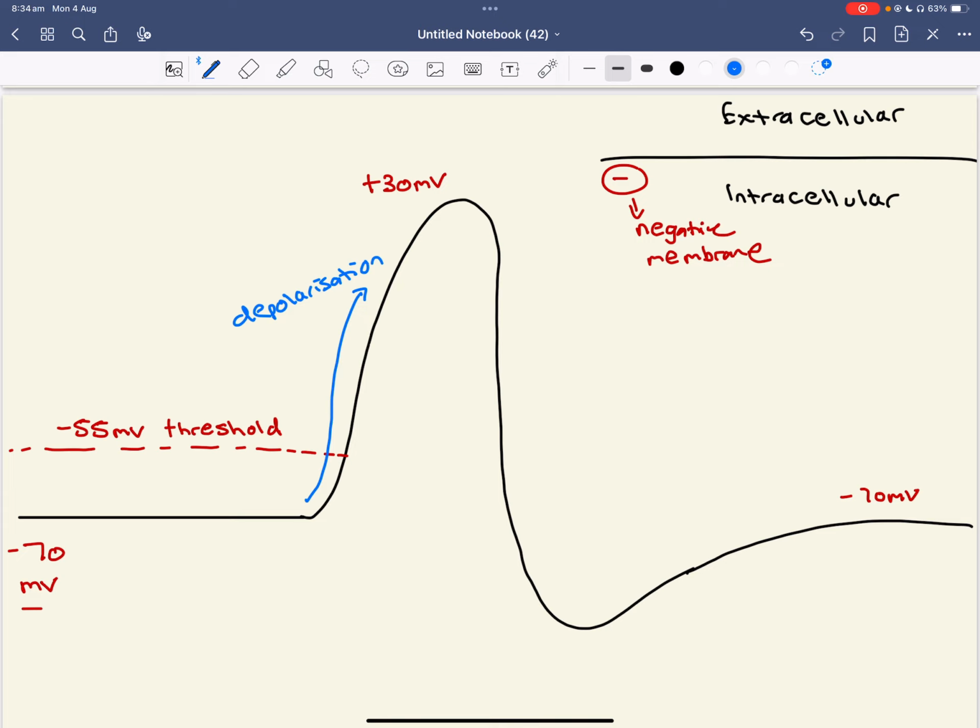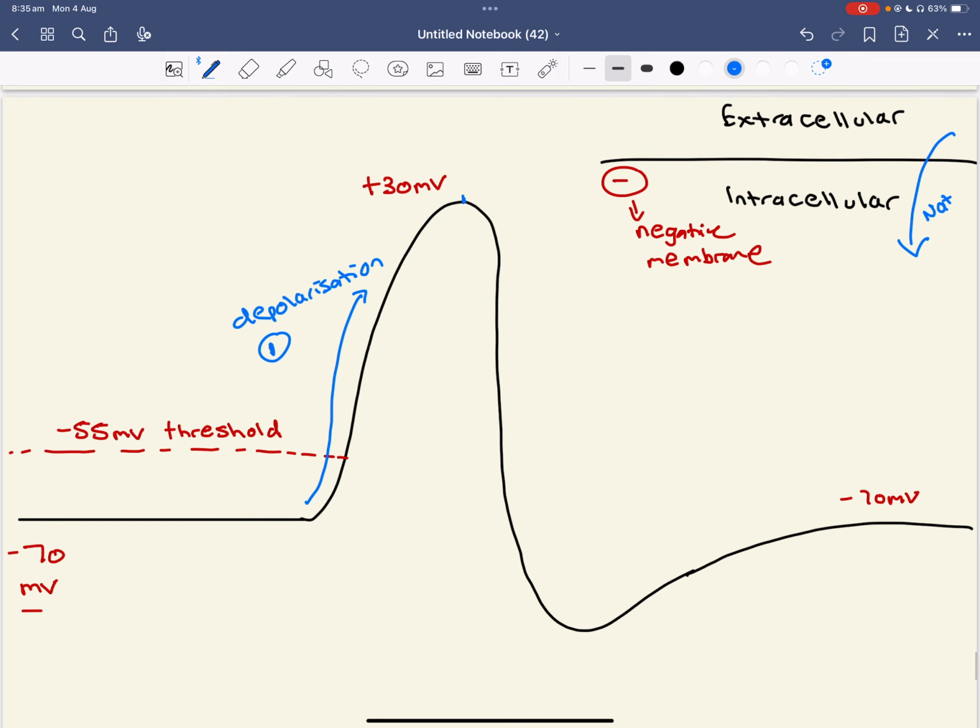What's happening is sodium channels open, and sodium is rushing into the cell. Then eventually, at the top, roughly about here, sodium channels close.